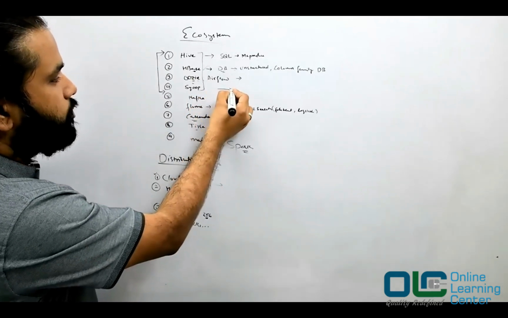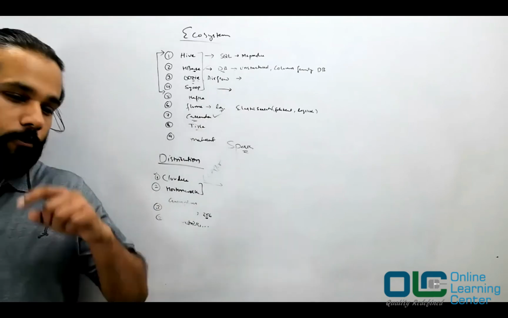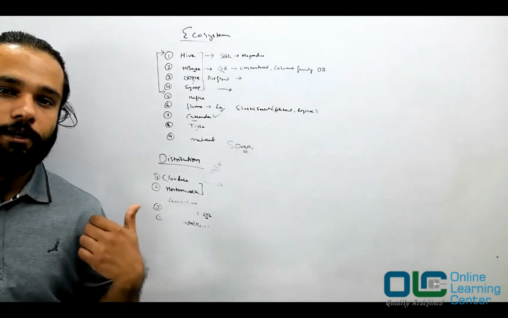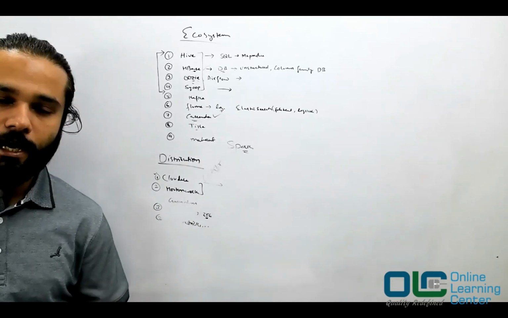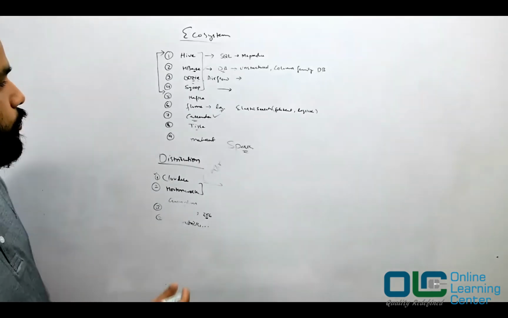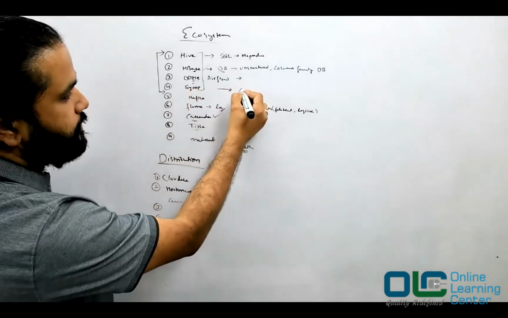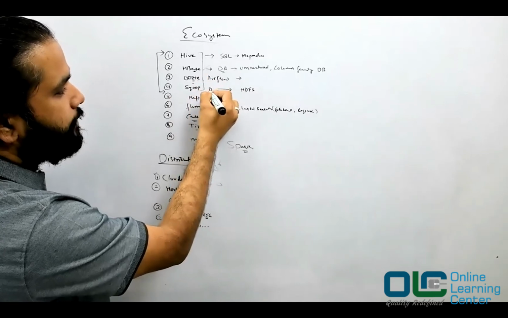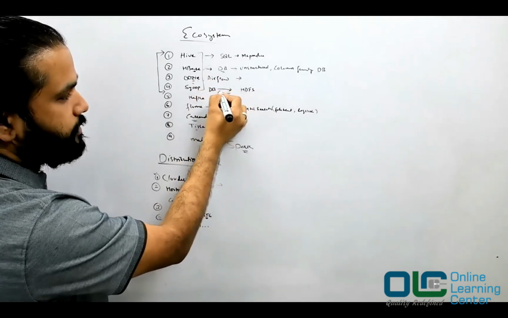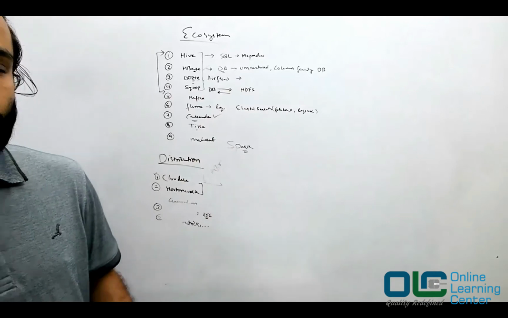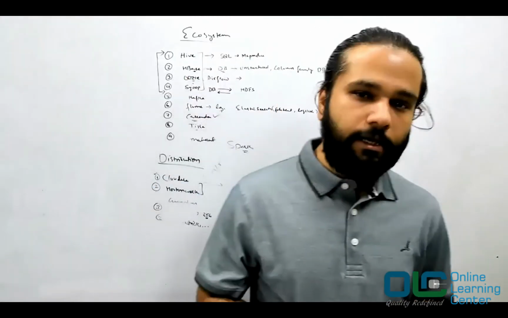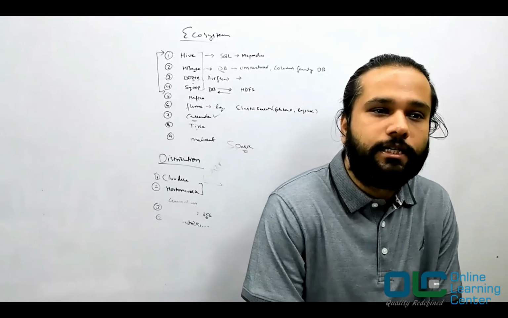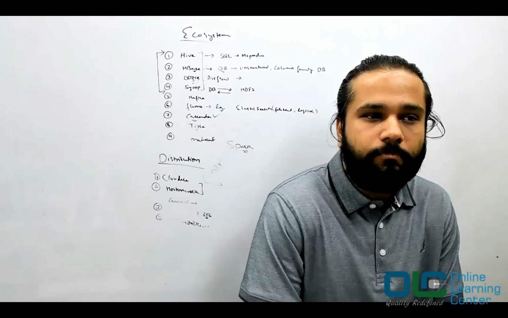Sqoop. Sqoop can be used when you have data in your database, any traditional RDBMS system, and you want to bring that data to HDFS. Okay, so Sqoop can be used to bring the data from database to HDFS and vice versa. Sometimes there could be a requirement like daily a lot of transactions are happening on a particular banking application, right? So let's say Citibank, or let's say ICICI Bank.